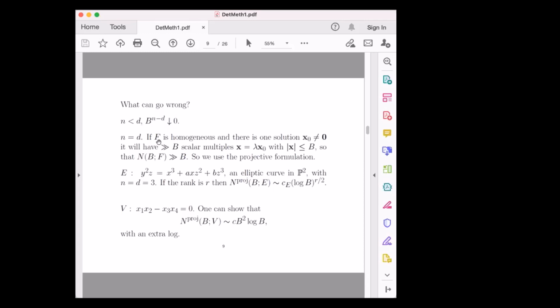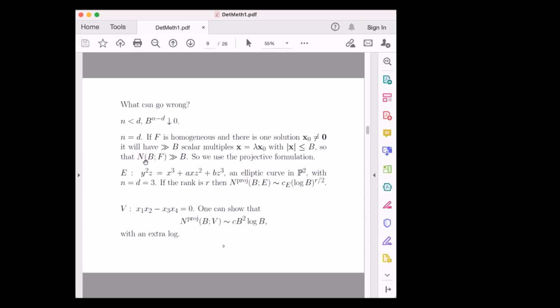One is that if you take f to be homogeneous, then as soon as there's one non-trivial integer solution x naught other than 0, well, then it will have something like order b scalar multiples in this box. And each of these scalar multiples will also be a solution of f(x) equals 0 because of the homogeneous property.